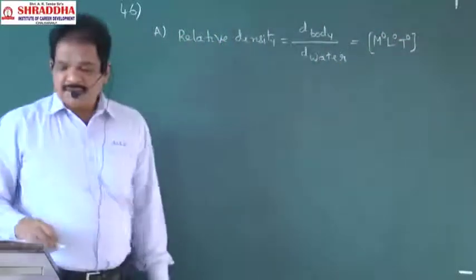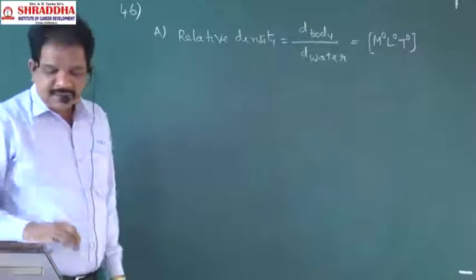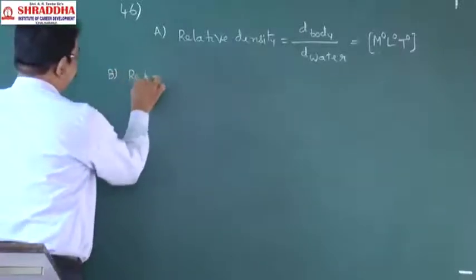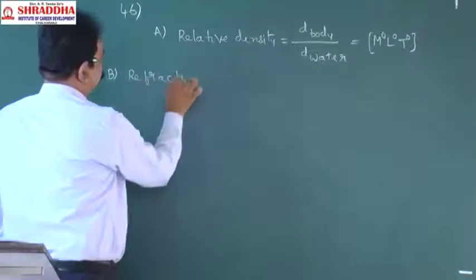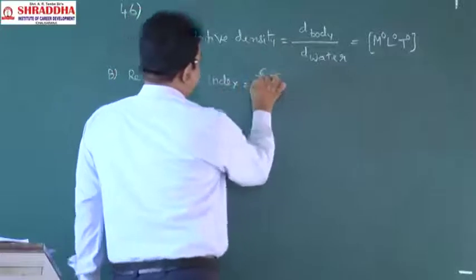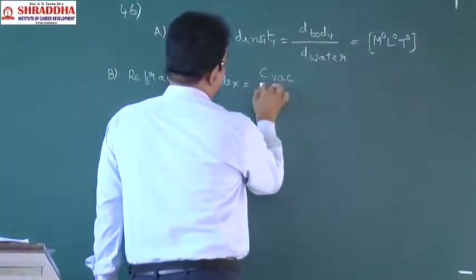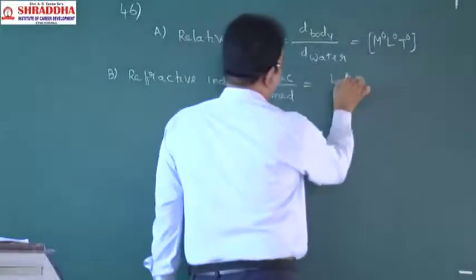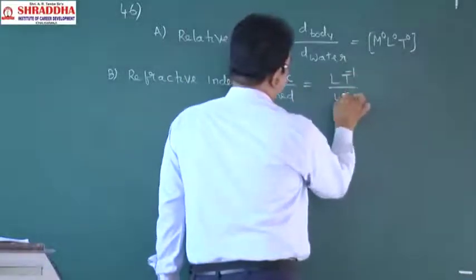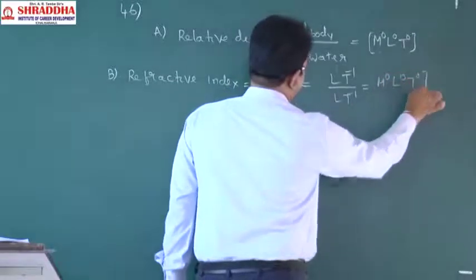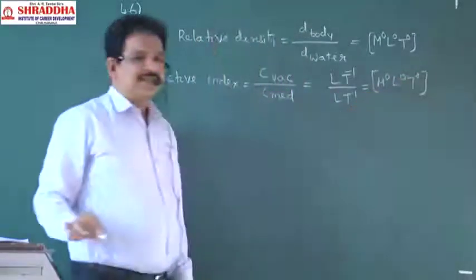Both densities will cancel. Next, refractive index: velocity of light in vacuum by velocity of light in medium. It is also dimensionless.